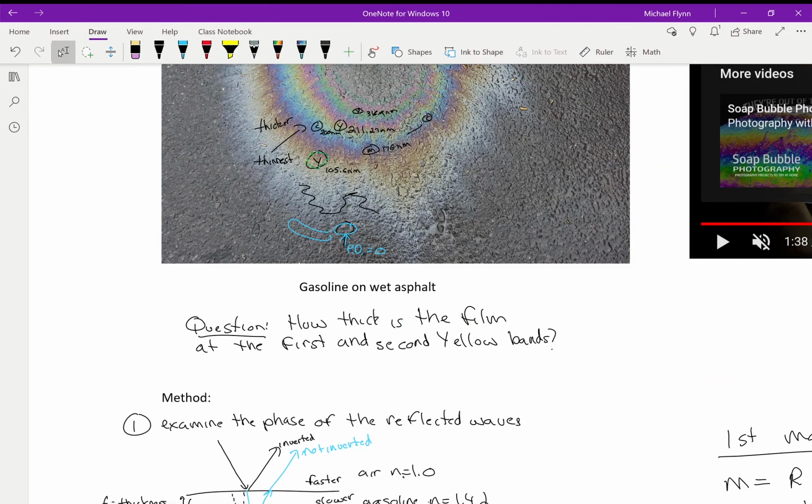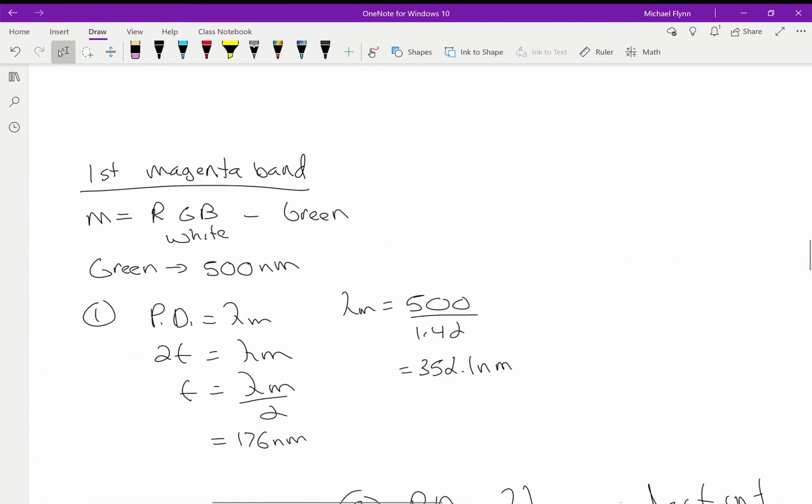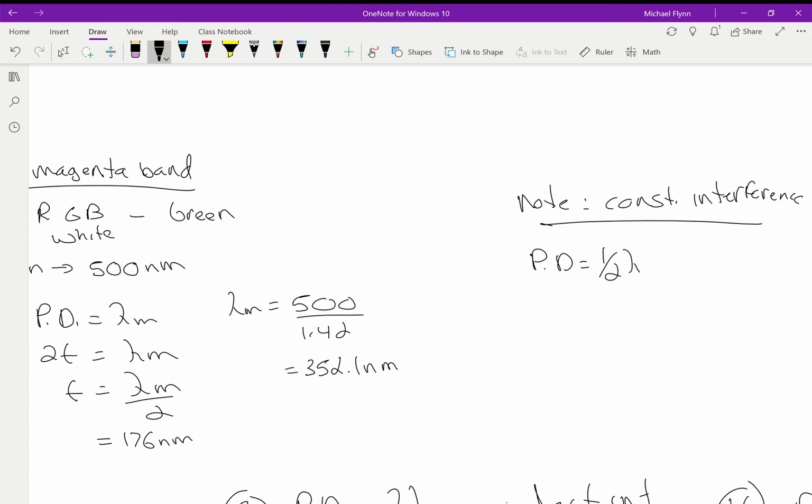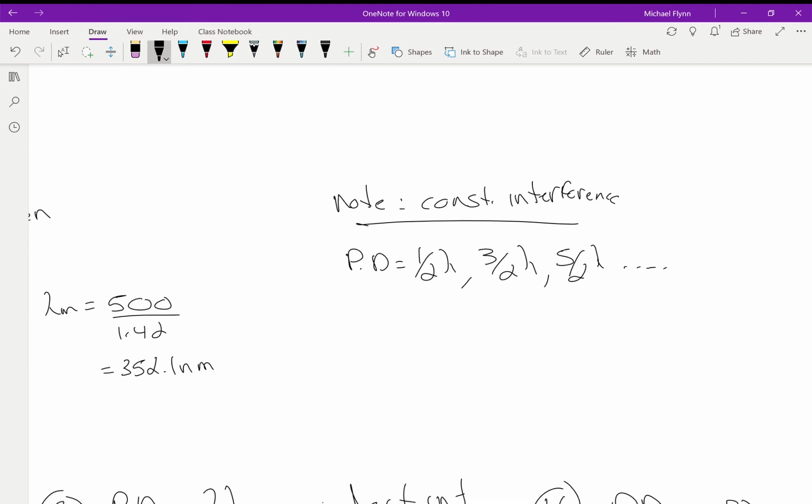Now, what if we were looking for constructive interference? Okay, well, to summarize, I could just write a note. I know I'm all over the place in the notes here, but constructive interference will occur when the path difference is equal to a half of a wavelength, or 3/2 of a wavelength, or 5/2 of a wavelength, and so on.